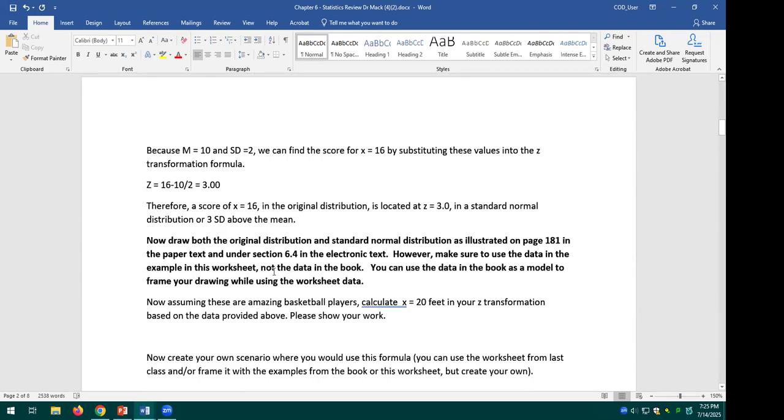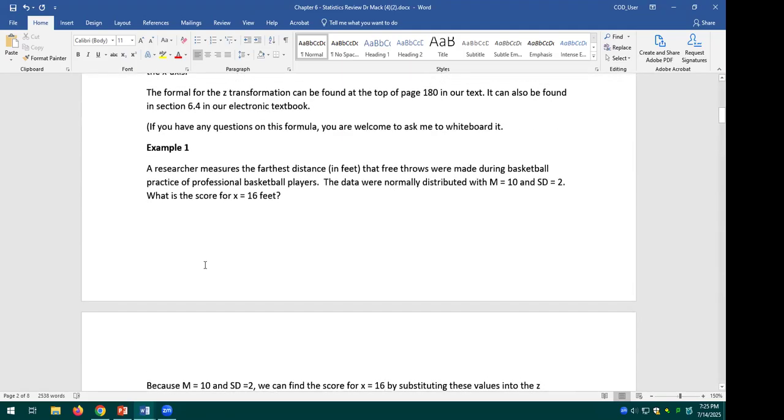So if you're drawing that, like it says, you would draw a bell curve that is normally distributed with the mean.